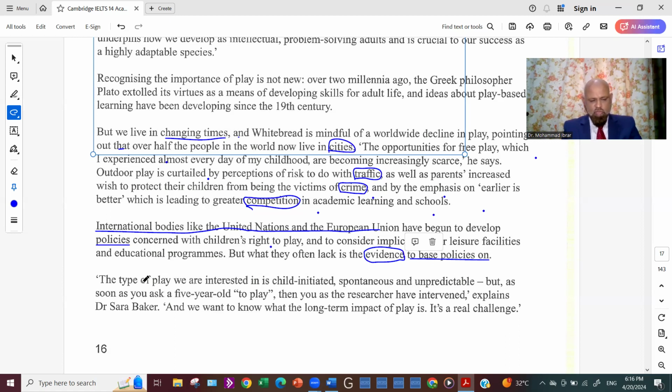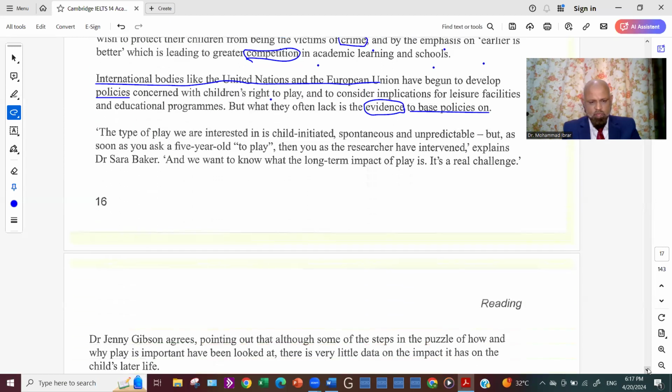Now we have to find something about research. The type of play we are interested in is child-led, spontaneous and unpredictable. A researcher explains, Dr. Sarabak, we want to know that it's a real challenge. We need to go further.